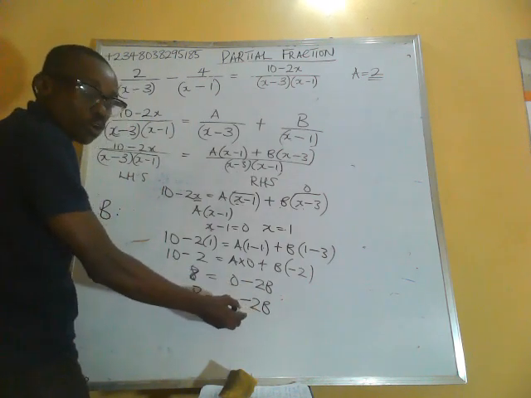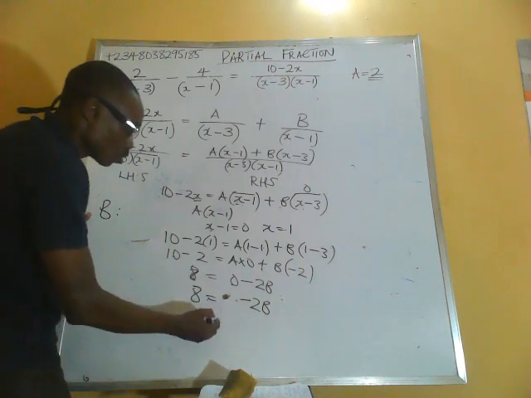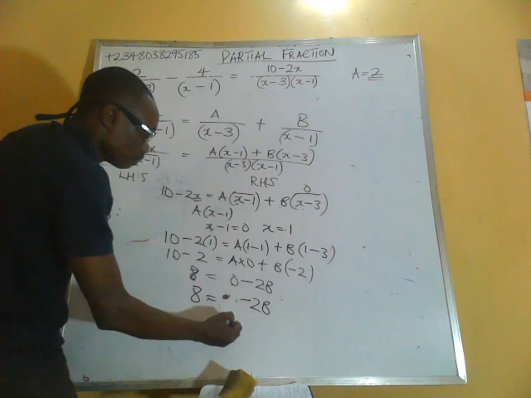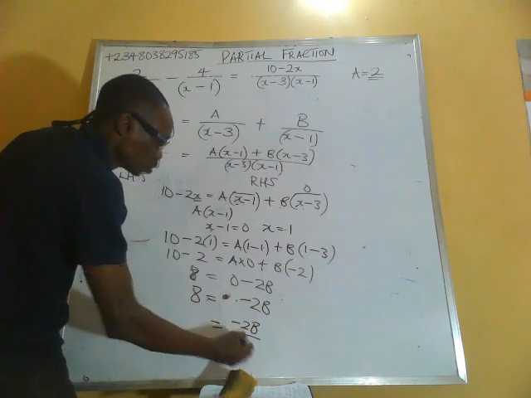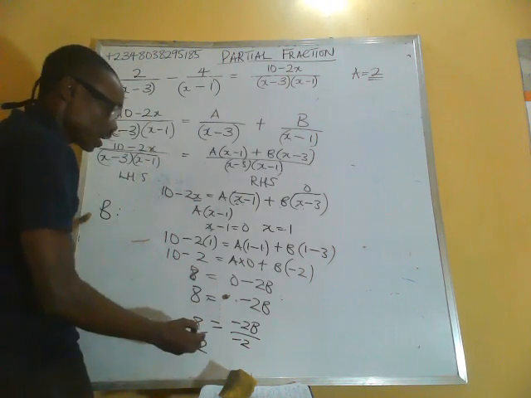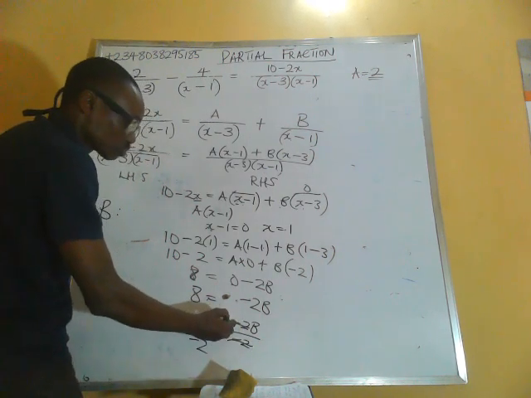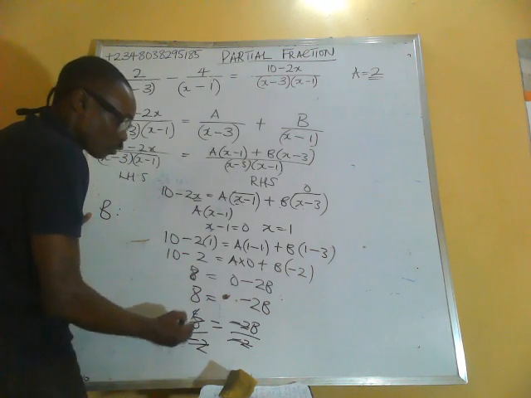From here, we solve for b. This is going to be divide both sides by minus 2. So you have minus 2b over minus 2. Then 8 divided by minus 2. From here, minus 2 cancels minus 2. 8 divided by 2, this is 4.